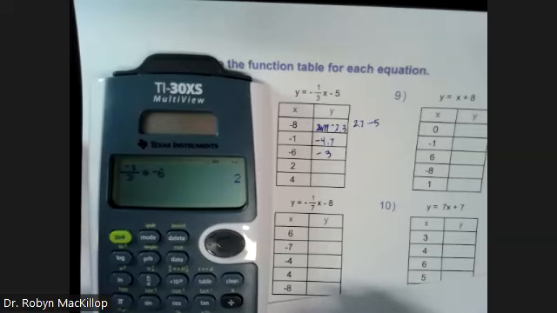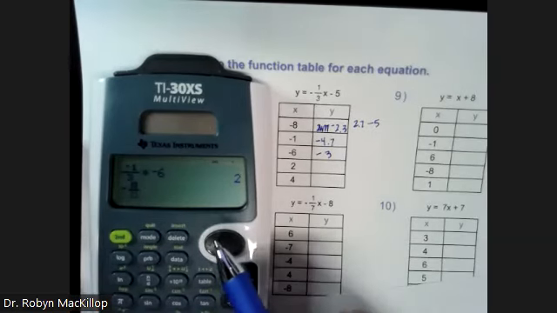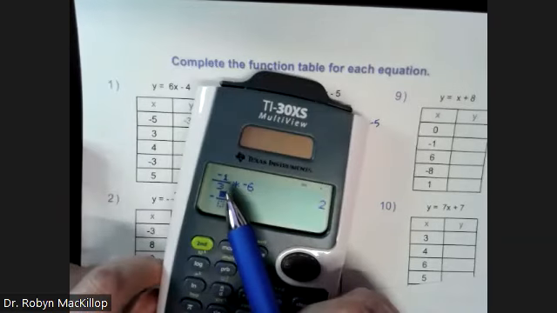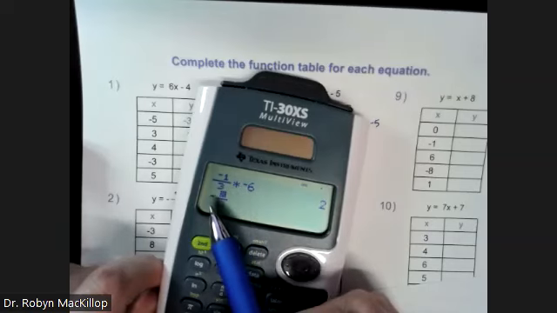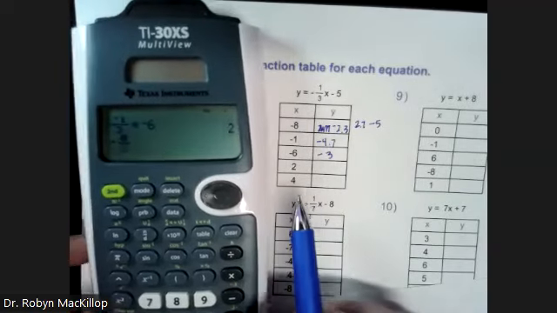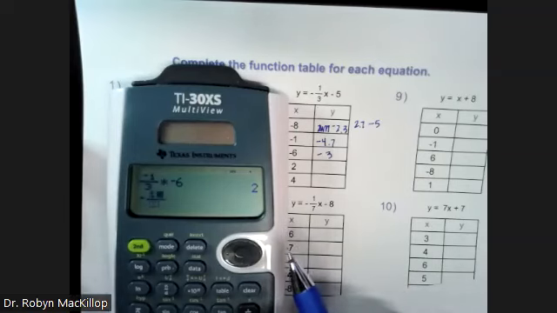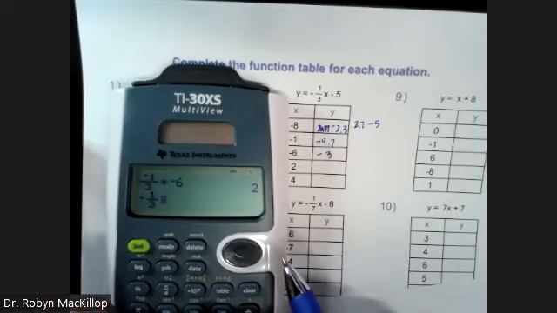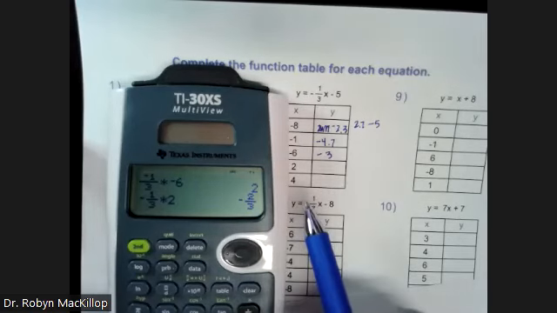Let's do -1/3. So negative fraction, and it doesn't matter. It does not matter if you do fraction button first and then -1/3, or do negative, then the fraction button. You'll be fine. You better be fine. I should probably check before I say that, huh? 1/3, arrow out of fraction mode, times 2, enter, is -2/3 minus 5.